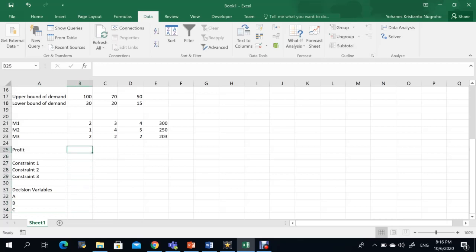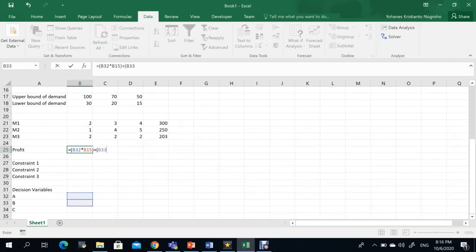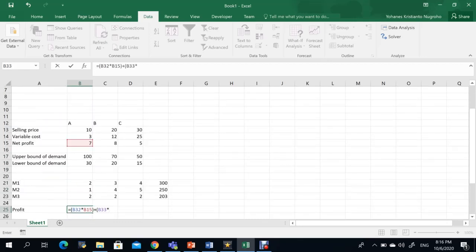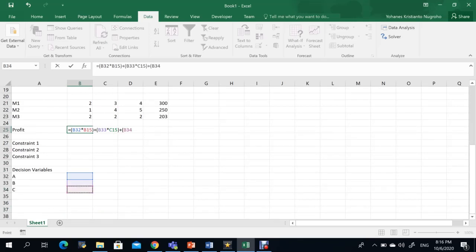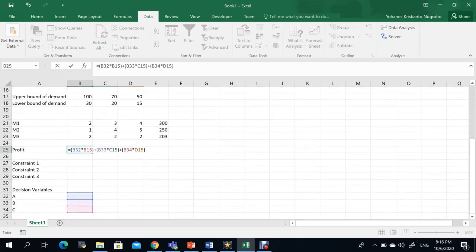And therefore, the profit should be equal to how many A produced times the net profit for A, plus how many B produced times the net profit for B, plus how many C produced times the net profit for C. Alright? Okay, now we have completed our profit function development.